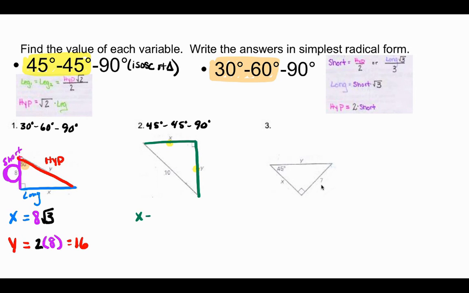So our x is going to equal our y, and we should have a hypotenuse. According to our rule, our leg equals our leg, and they are both equal to our hypotenuse value divided by 2 times the square root of 2. So 10 divided by 2 is 5, square root of 2.